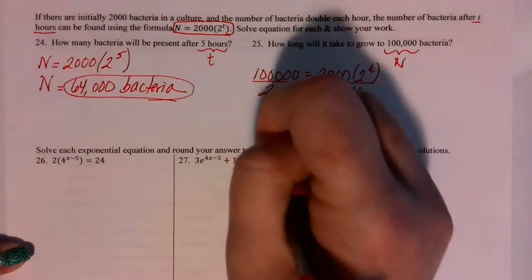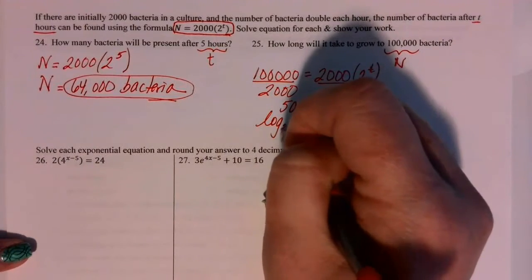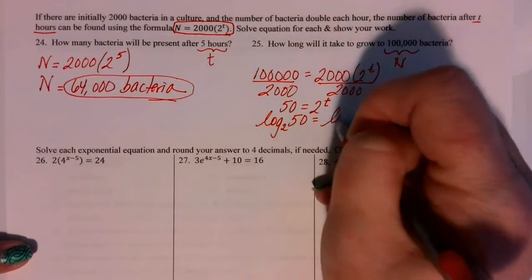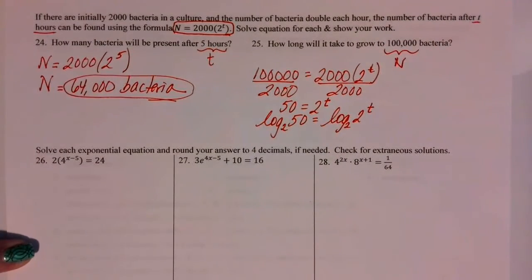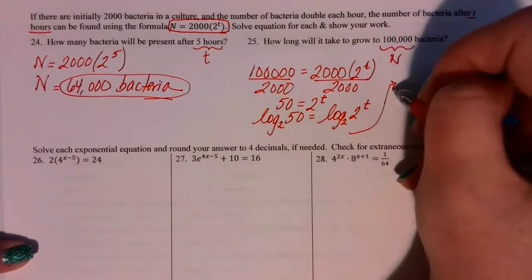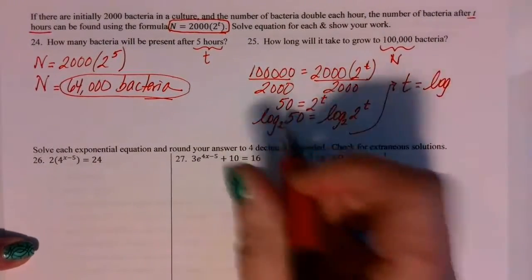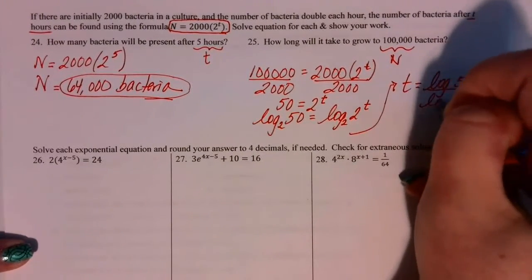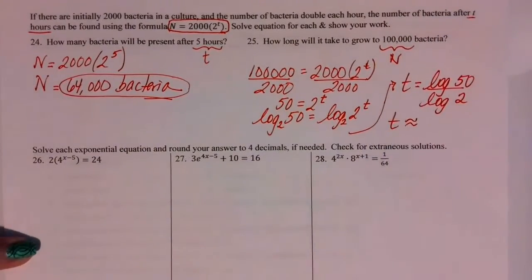Then we're going to take the log base 2 of 50 and the log base 2 of 2 to the T power, and by the inverse property then we'll have T equal to the log base 2 of 50, which is the log of 50 divided by the log of 2 using the change of base property.